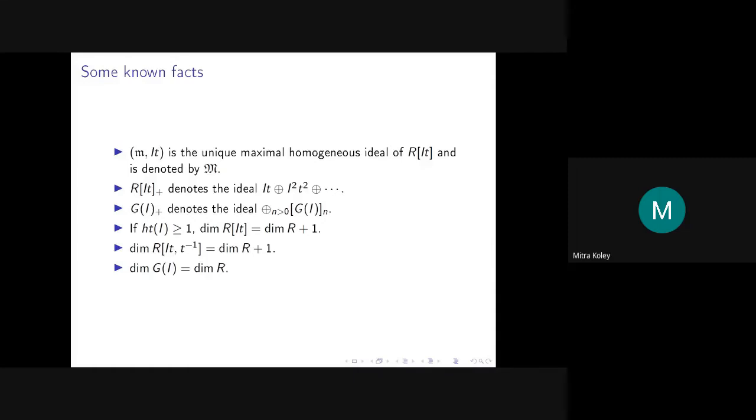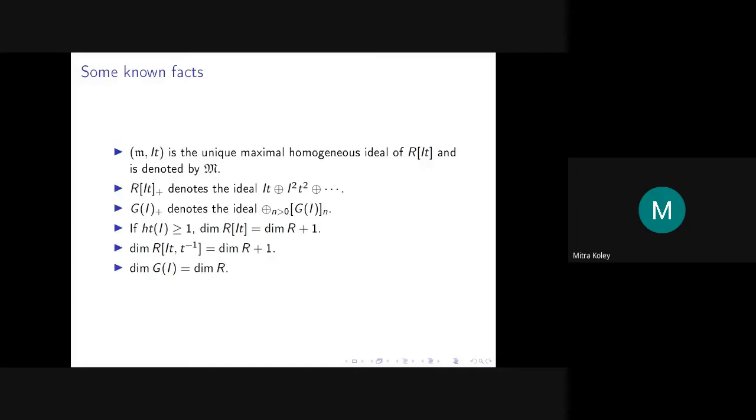And G_I+ denotes the ideal of the positive part of the associated graded ring, the direct sum over n greater than 0 of the n-th degree pieces of G_I. It is also known that if the height of I is positive, then the dimension of the Rees algebra is dim R plus 1, the dimension of the extended Rees algebra is dim R plus 1, and the dimension of the associated graded ring is dim R, because it's a quotient of the extended Rees algebra by a non-zero divisor.